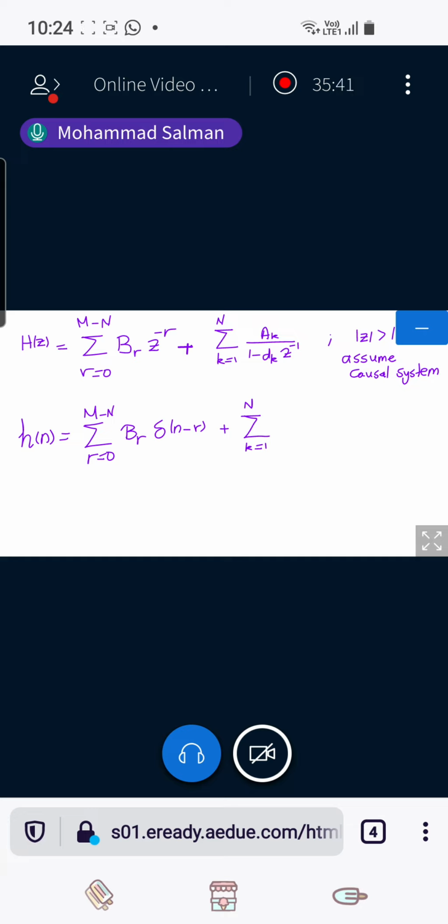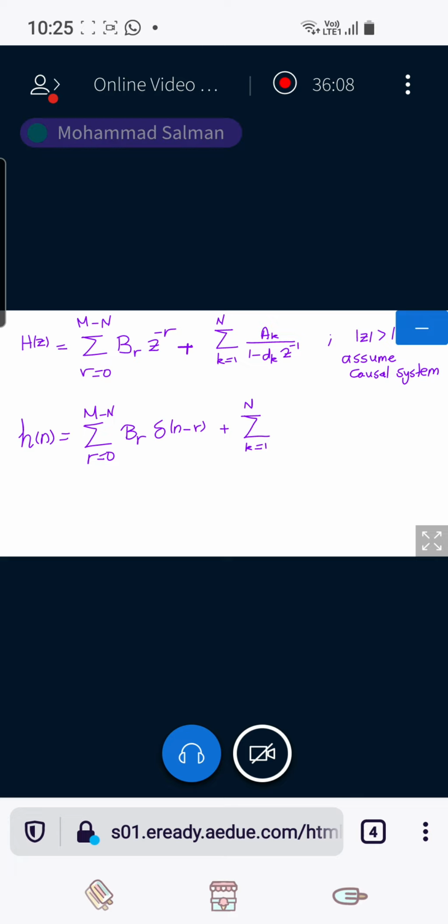But if you want, in the exam, to assume it is less, it's up to you. But you need to write it: I am assuming it is less because I am assuming a non-causal system. You need to justify why. Pair number 5 or pair number 6, it's your choice, but you need to show me whether you are assuming greater or less.